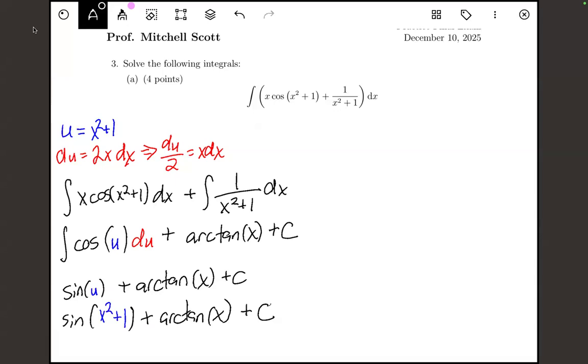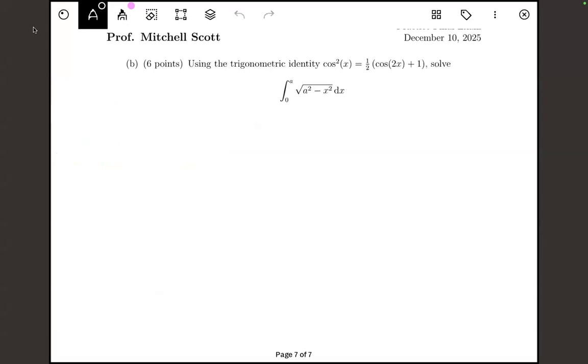Okay. So last but not least, I wanted to not forget our roots. This question is very similar to the first question, where there is an underlying geometric interpretation, right? We can look at this definite integral as the signed area under the curve from 0 to a.